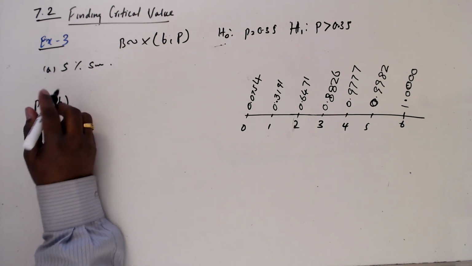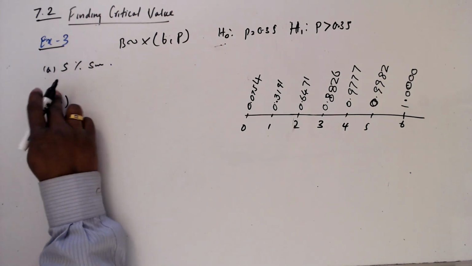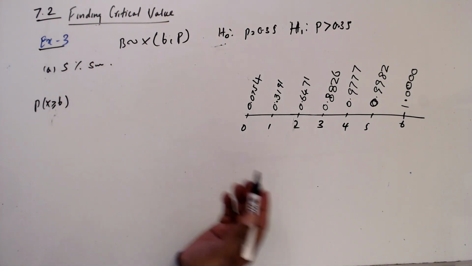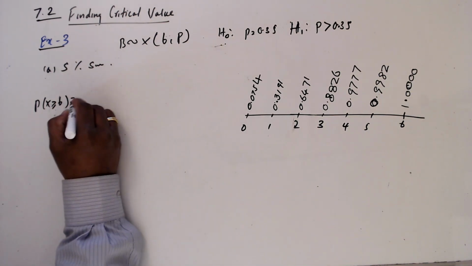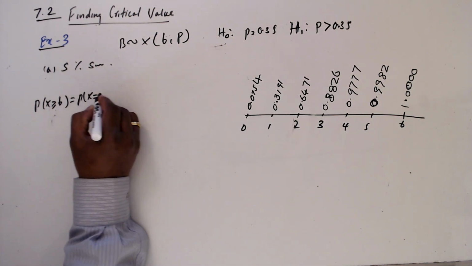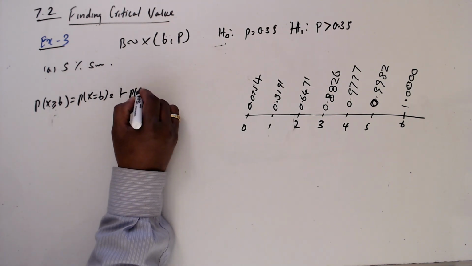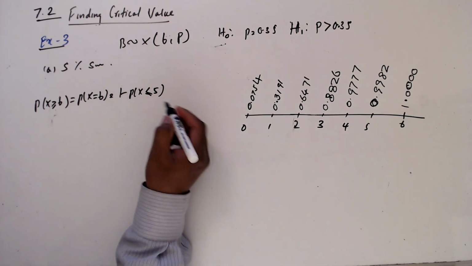Because there's no point of writing greater than or equal to 6, because there is only one 6, there is no 7. Because of that, x equal 6 is 1 minus probability of x less than or equal to 5.